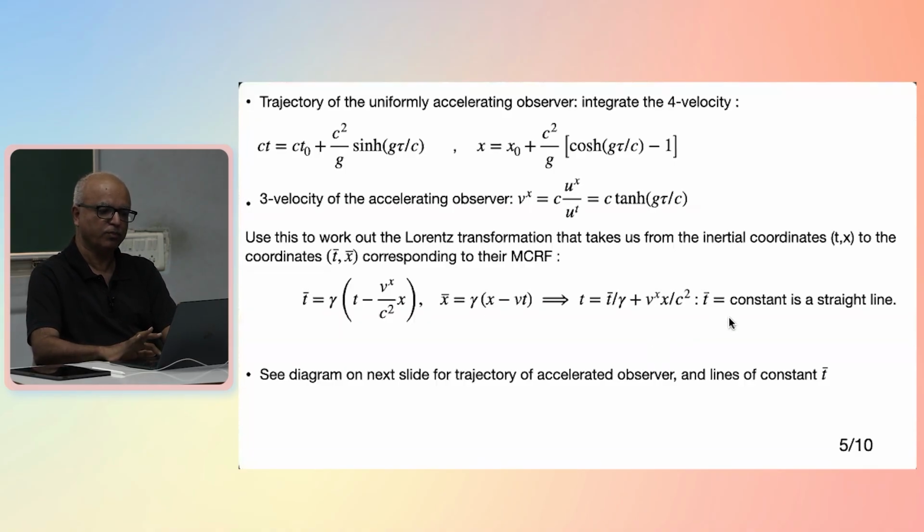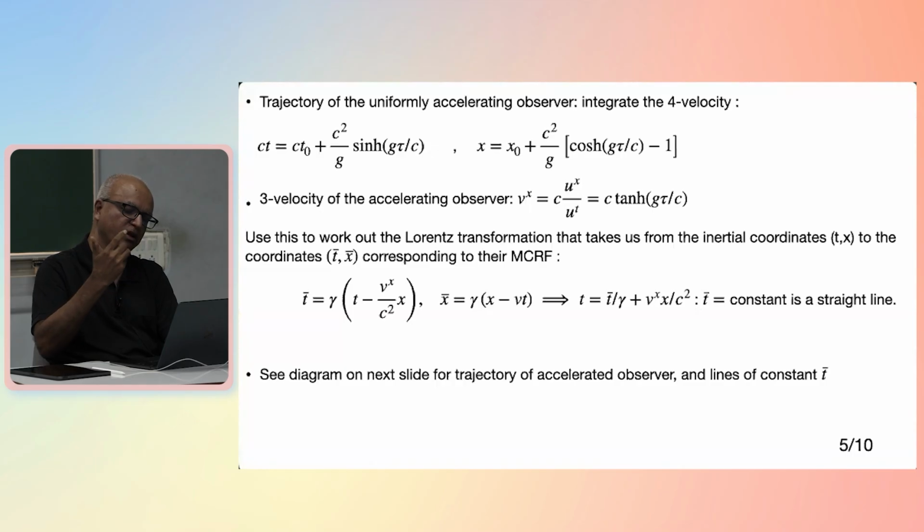So I want to plot these lines, t bar equals constant, which you can see is a straight line; the slope will go up as Vx goes up. See the diagram on the next slide for the trajectory of the accelerated observer and lines of constant t bar. Lines of constant t bar give you the time in the MCRF when your speed is Vx. Okay? Any questions here?